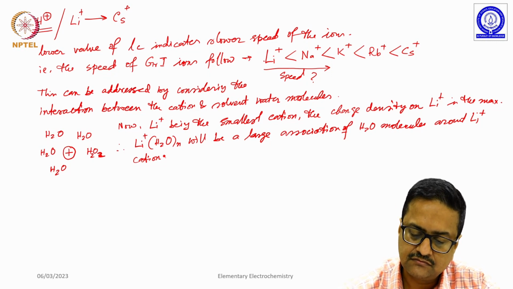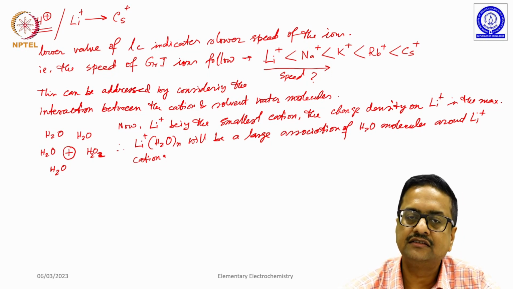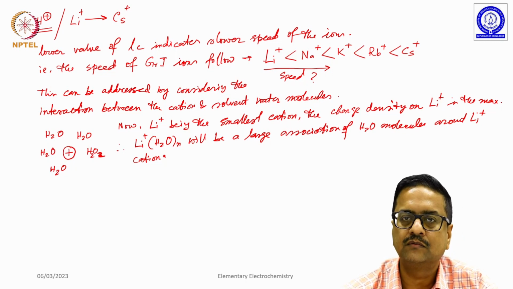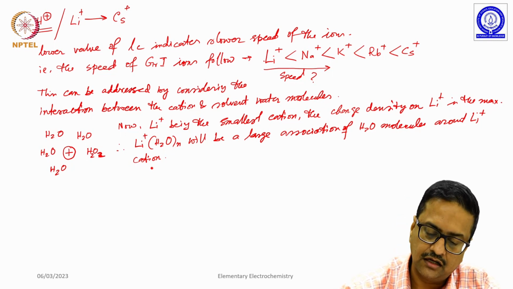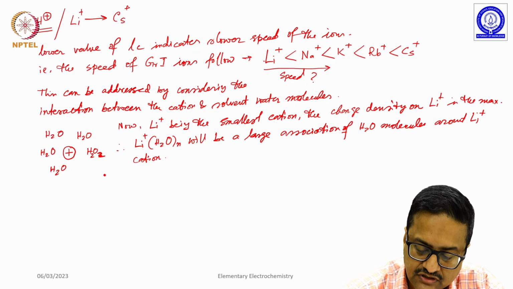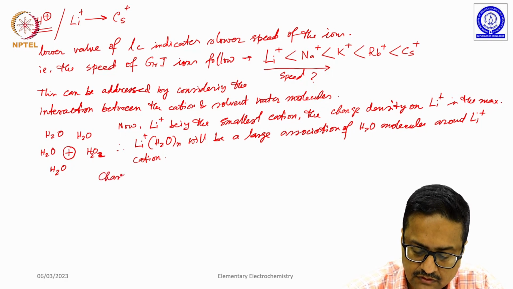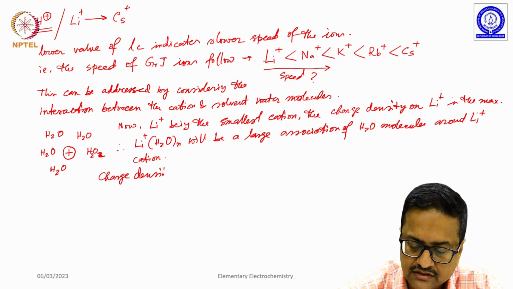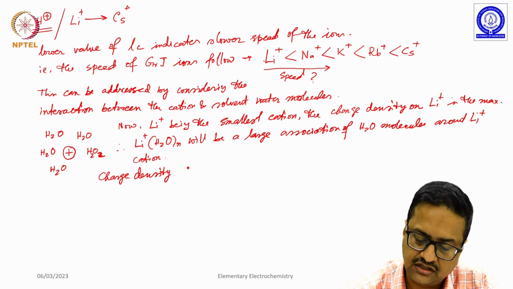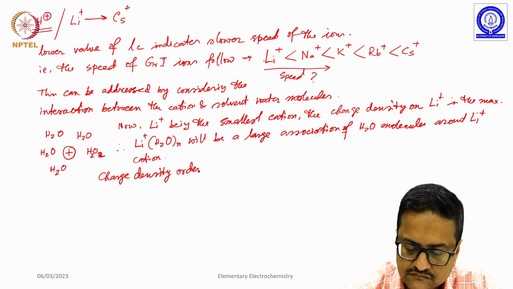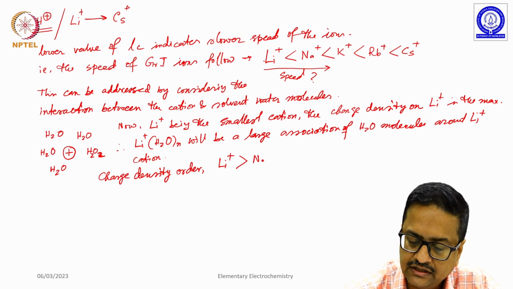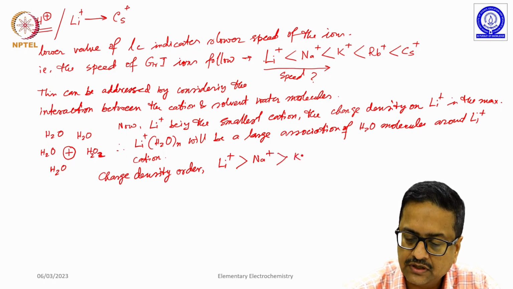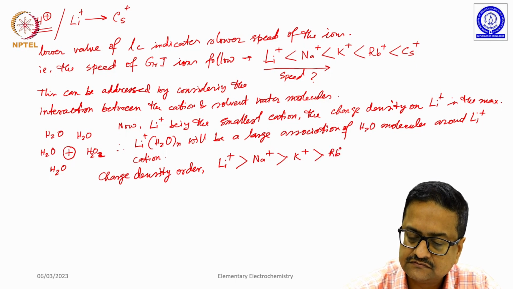So the size of the ion increases from lithium to sodium to potassium to rubidium to cesium. As a result, the charge density reduces in the same direction. So if you arrange them in the decreasing order of charge density, then Li plus has the highest charge density compared to Na plus, compared to K plus, compared to Rb plus, compared to Cs plus.